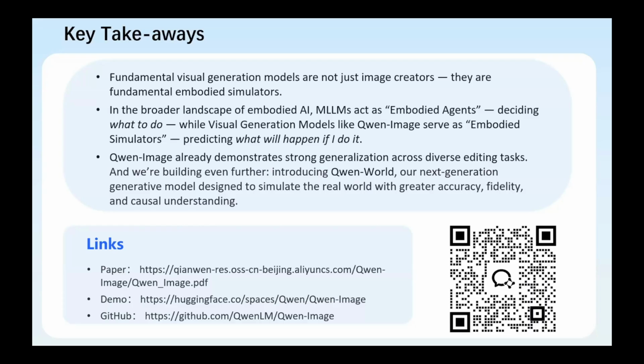Third, Qwen-Image already demonstrates strong generation across diverse editing tasks, and we are building even further. We will introduce Qwen-World, our next generation generative model, designed to simulate the real world with greater accuracy, fidelity, and understanding. And finally, here are our links.